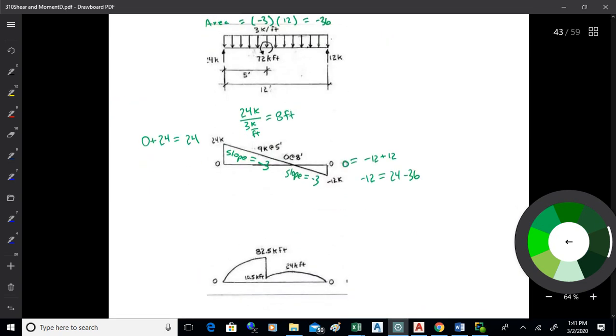All right, so I got the area there, and then I got kind of what happens there with the shear diagram. It goes from 0 up to 24, drops 3 kip per foot, so I hit 0 at 8 again, and then it ends up at negative 12. And when it ends up at negative 12, this 12 kip reaction just pulls it back up.